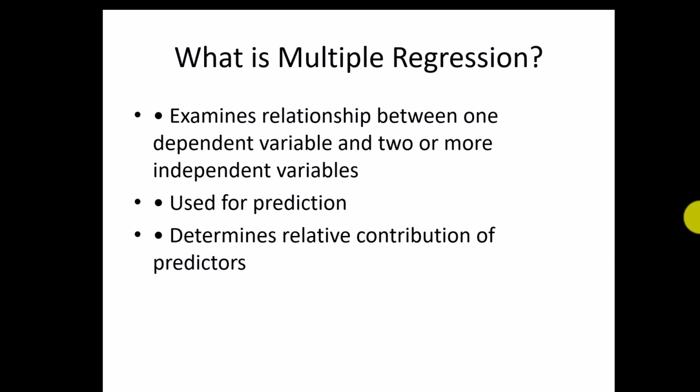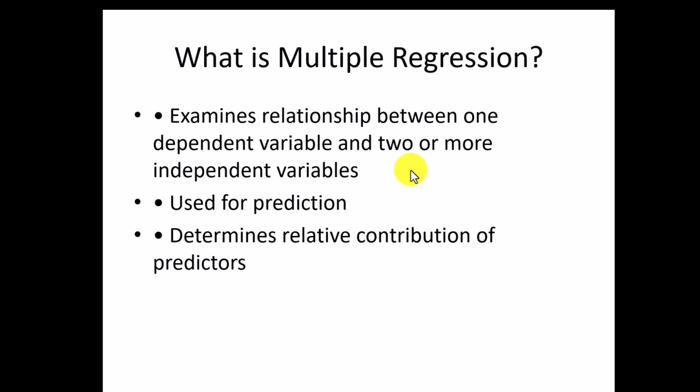Over the years, I have always said it that for you to understand multiple regression, you have to understand correlations. In the case of correlation, we are actually looking at the relationship between one independent variable and one dependent variable.